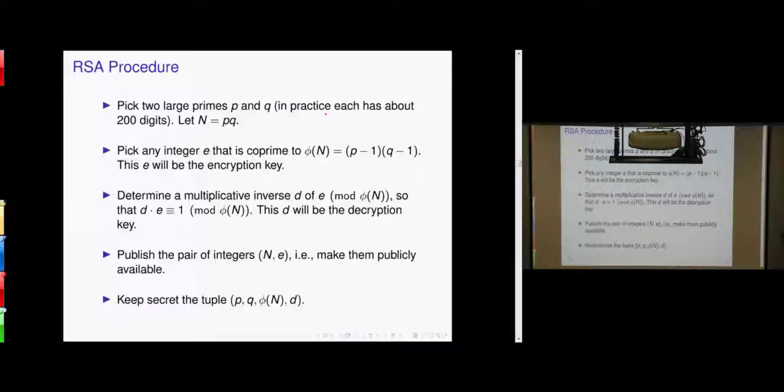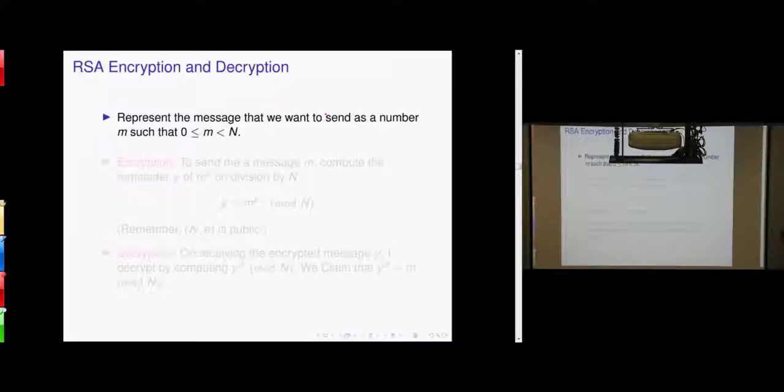Now how do you send me a message? You represent the message you want to send me as a number between 0 and n. This n will be huge, because n is p times q, and p has about 200 digits, so you can send me a lot of things.